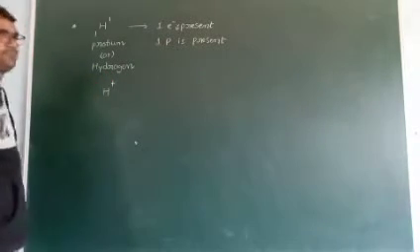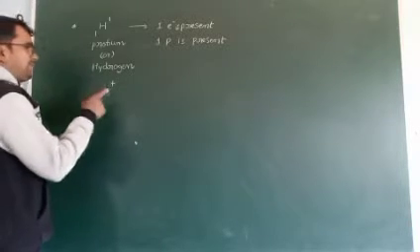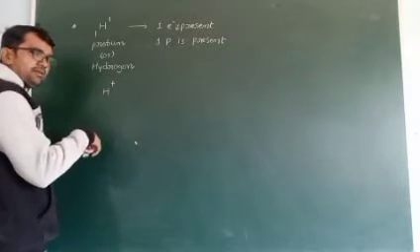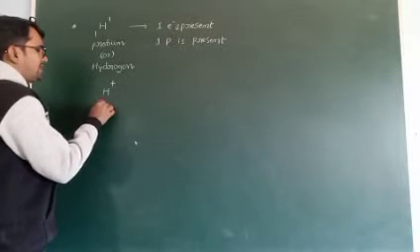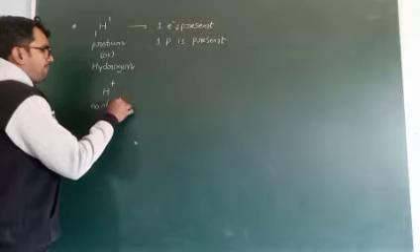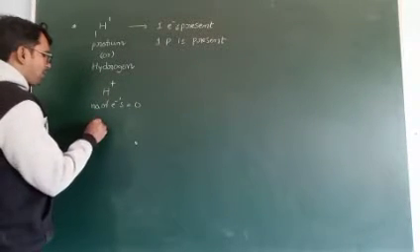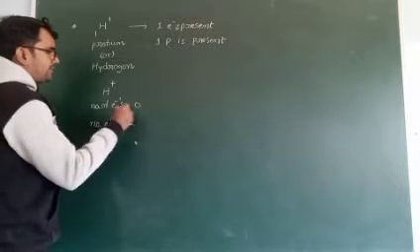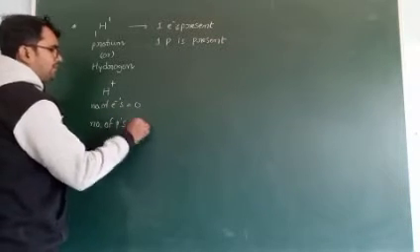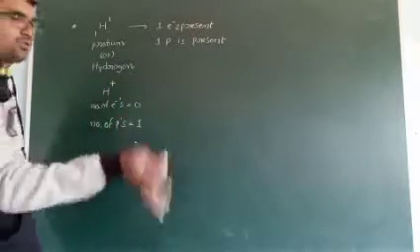H plus. H plus means actually one electron is removed. The number of electrons in H plus is 0, but the number of protons is equal to 1. So H plus contains only one proton, no electrons, no neutrons.